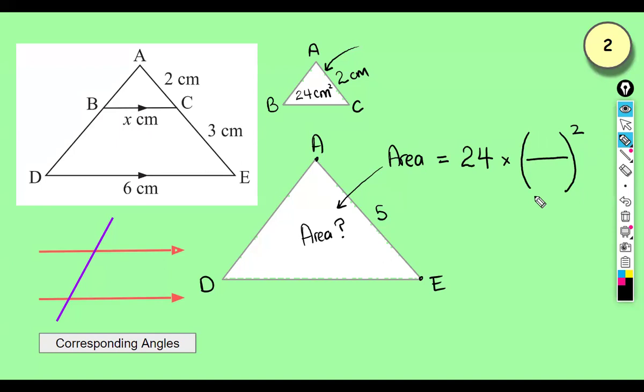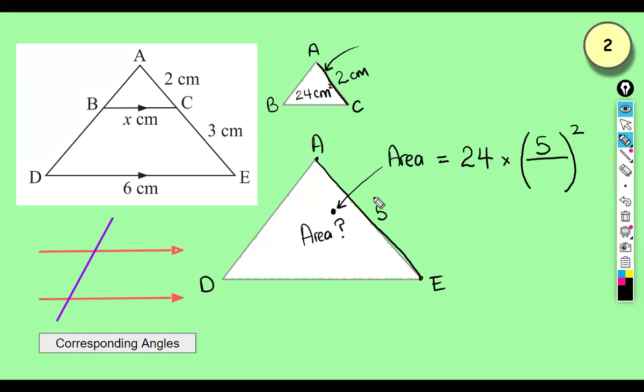Now, the question is, the two corresponding sides are the 2 and what? The 5. So I know some of you went through this. You have to put the 2 over the 5 or the 5 over the 2. Which one is the correct one? Well, obviously, if you're trying to get a larger area, because the area of the second triangle is larger, the 5 has to go on top.